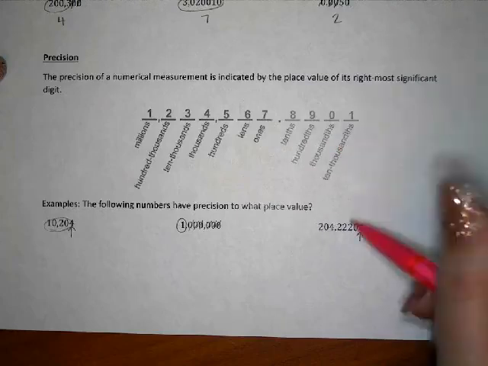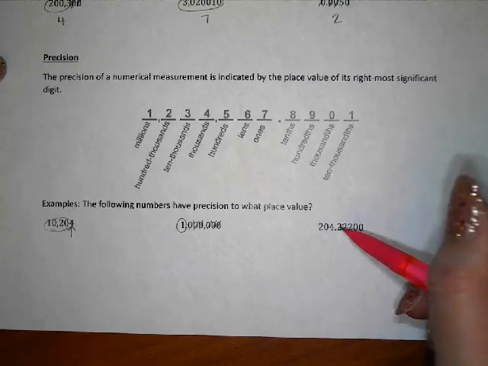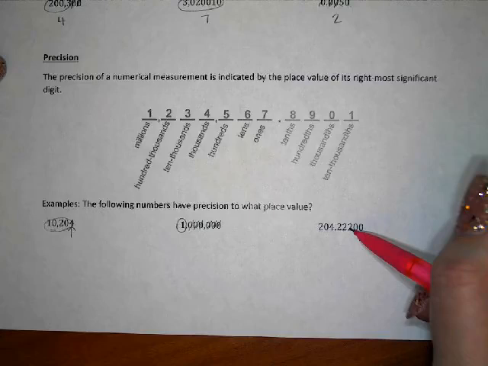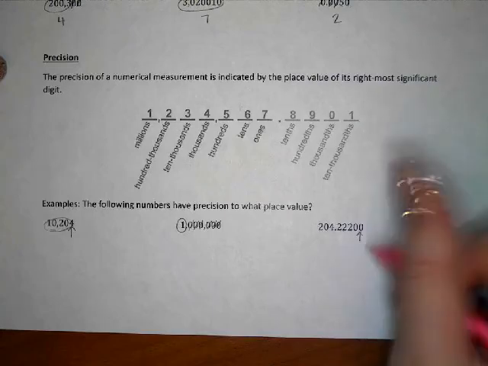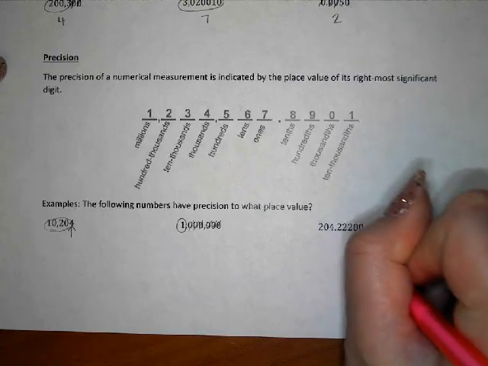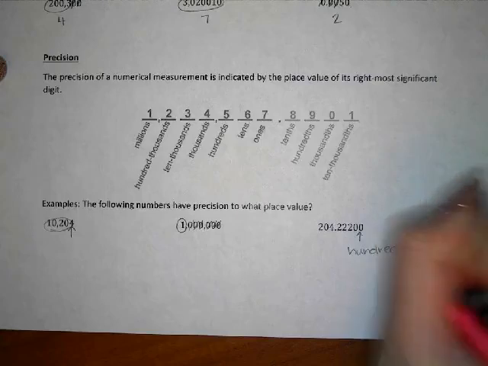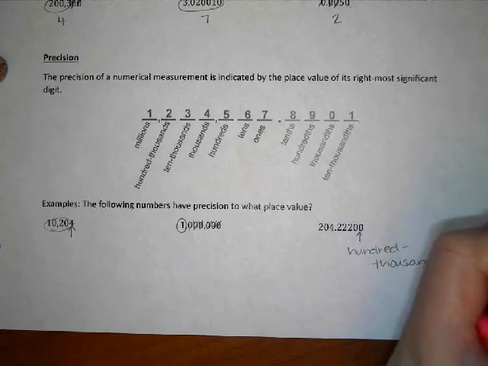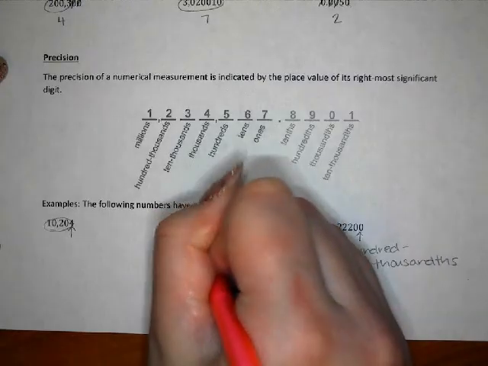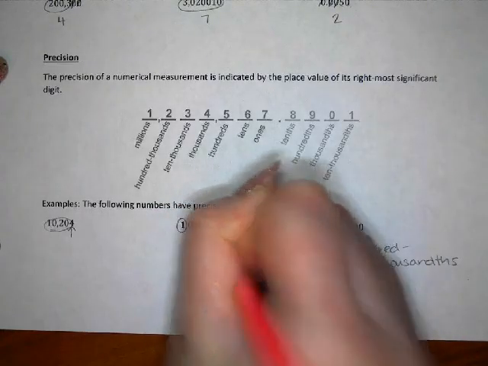It's the tenths, hundredths, thousandths, 10,000ths, 100,000ths. It went a little bit further than this did. So this is the 100,000ths place. This was the millions place. This was the ones place.